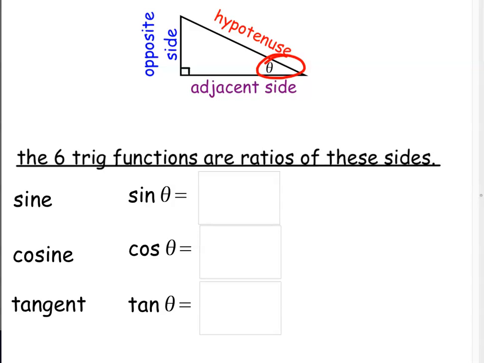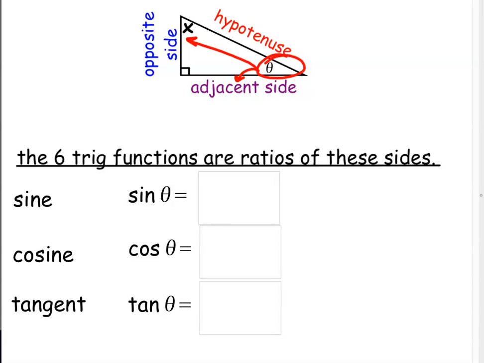If we're focusing on angle theta, then the opposite side is the one that's across from it. The adjacent side is the one that's right next to it that helps form the angle. But if we switch to the other angle, so if we're looking up here where x is, then our opposite and adjacent flip-flop. Okay?